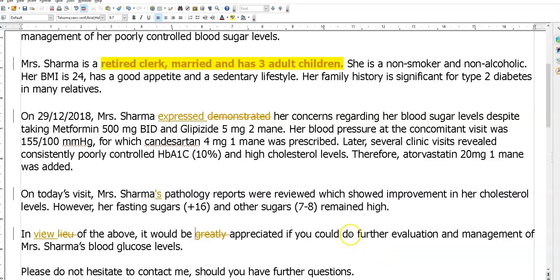If you could further evaluate and manage, you don't really need that second verb, just make it, if you could further evaluate and manage Mrs. Sharma's blood glucose levels, blood sugar levels. Okay, so you could do it like that.